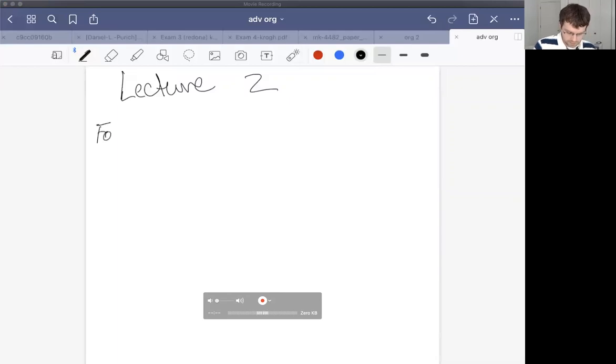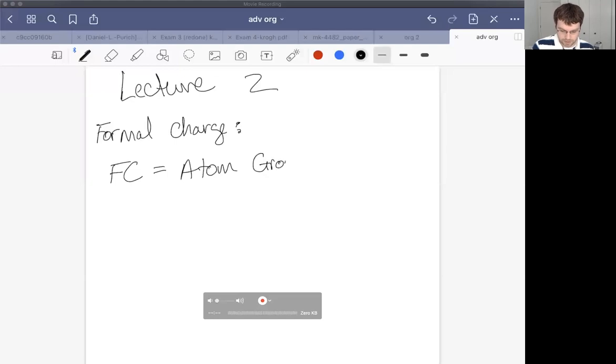So warm-up lecture number 2, I guess. We have formal charge, and we have this equation, which I'll label formal charge as Fc. That's equal to the atom group number for the atom of interest. Remember, formal charge is the charge of an atom within a molecule.